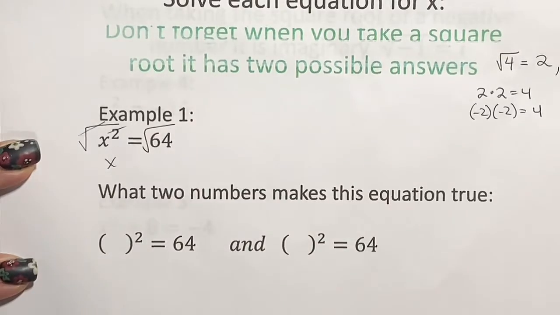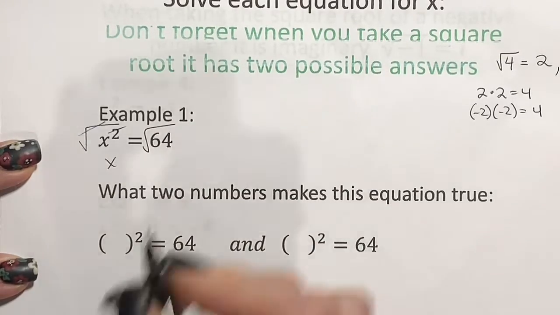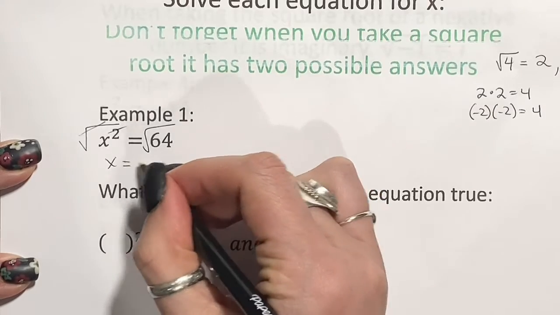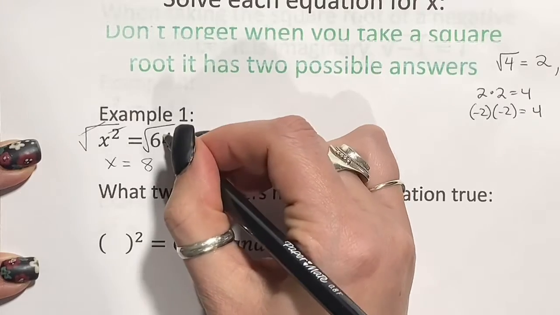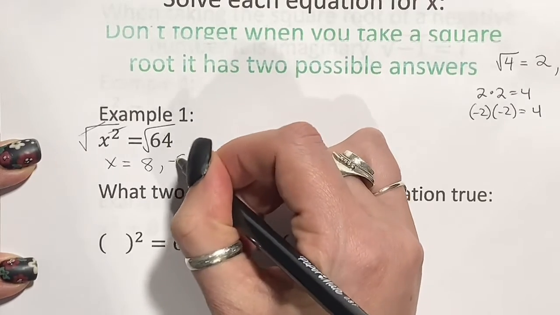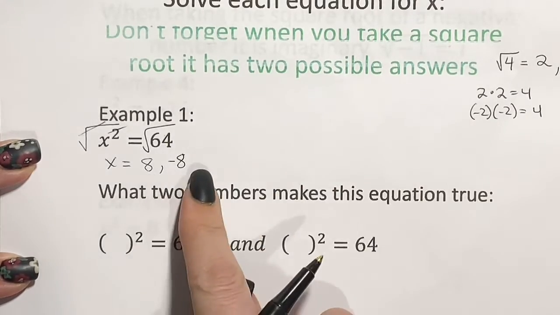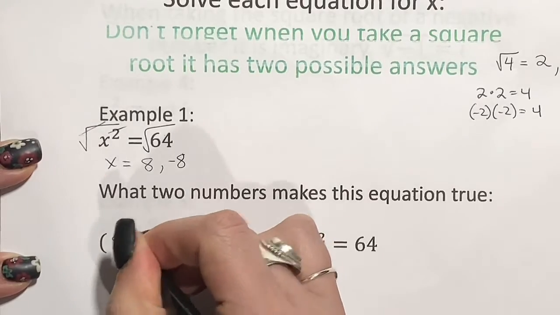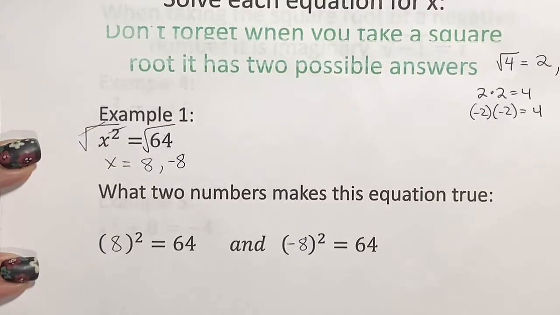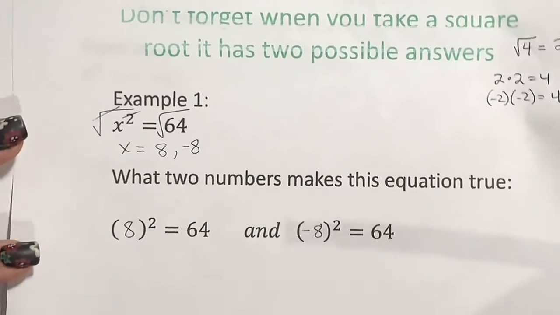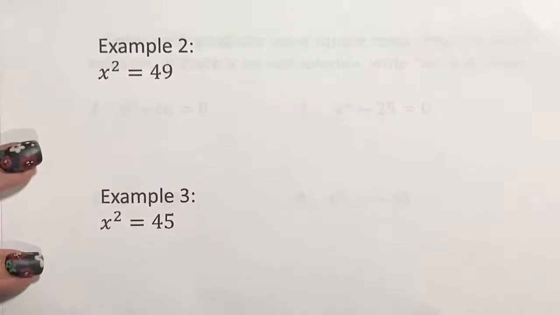But I would also need to take the square root of the other side to keep it even, so I would get the square root of 64, and we would say, oh, it's 8. But don't forget, 8 times 8 is 64, but so is negative 8 times negative 8. So we have two answers there. 8 squared is 64, and so is negative 8 squared. Careful with that. A lot of people forget those.